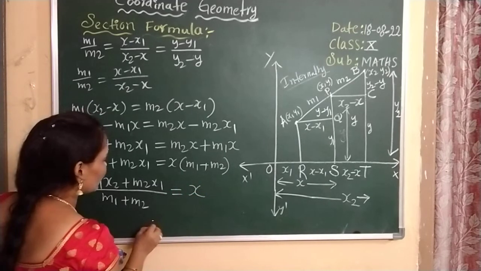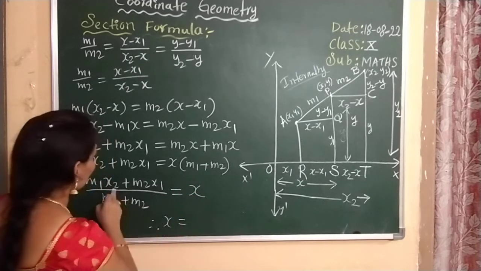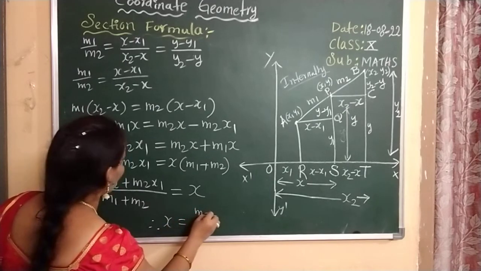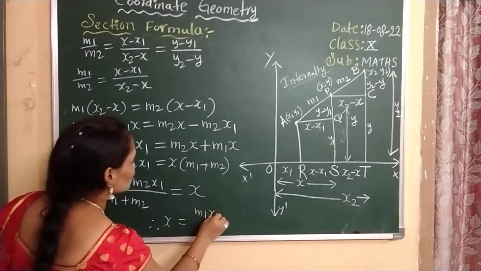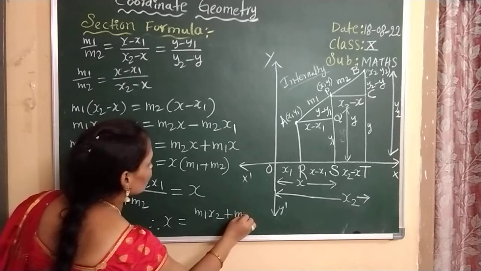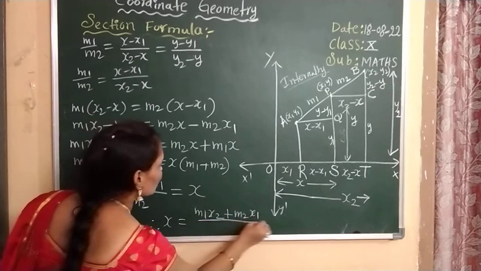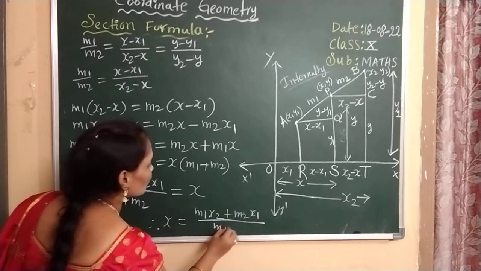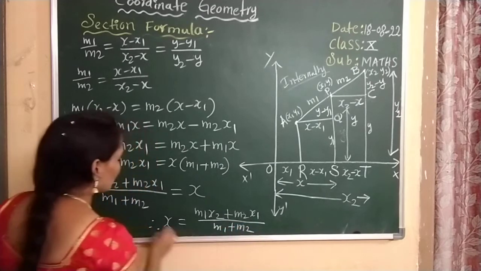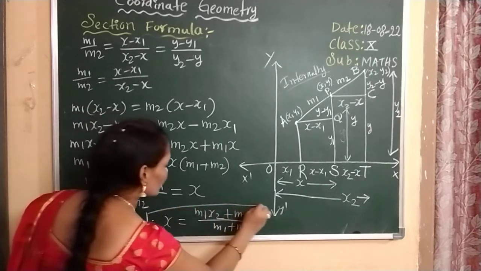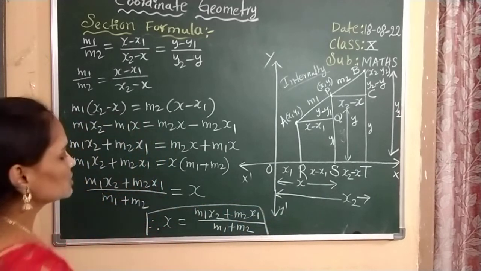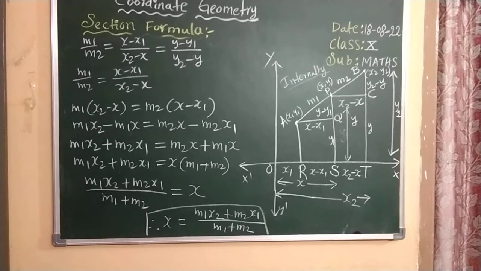Therefore we can write x is equal to (m1 x2 plus m2 x1) divided by (m1 plus m2). This is the x coordinate. Up to here, once take the screenshot. Next I will derive the y coordinate also.